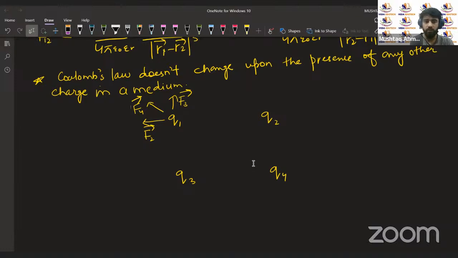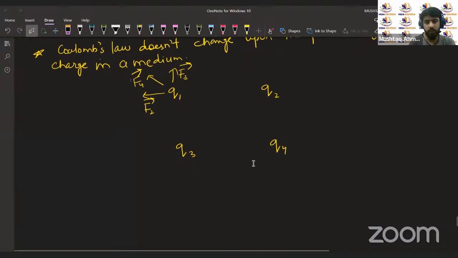But the net force on the charge Q1 because of Q2, Q3, and Q4 will be given by the vector sum of all the forces because of the individual charges. That's what we call the superposition principle.